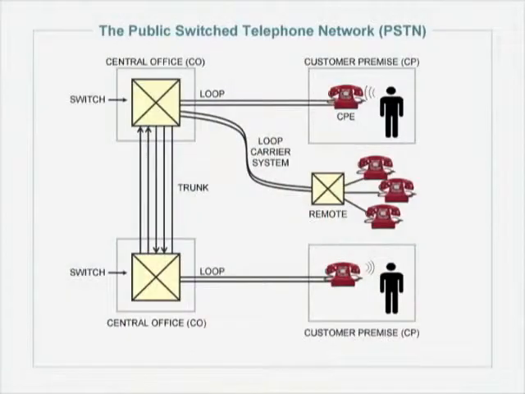If we take a look at this graphic of the public switch telephone network, what's not digital on this graphic? All of the switches are digital. All of the transmission is digital. It's the last 3 miles. The way that we represent information on the loop is still using analog techniques.